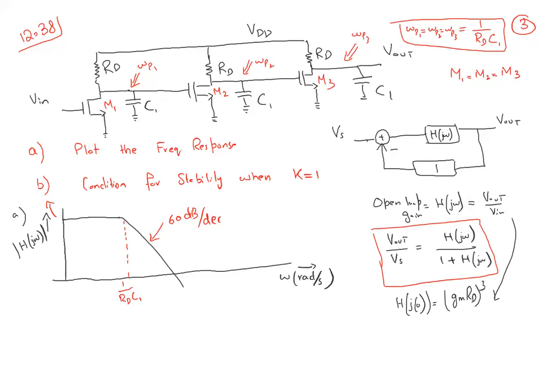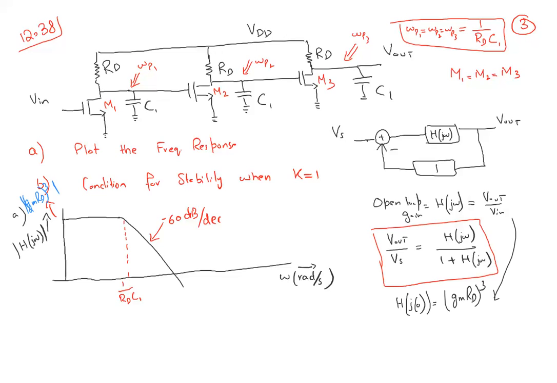So this point, writing in blue, the DC gain will be the magnitude of gm RD whole cube. You can also mention 20 log of it. So this is going to be minus 60. This is going to be the magnitude response.